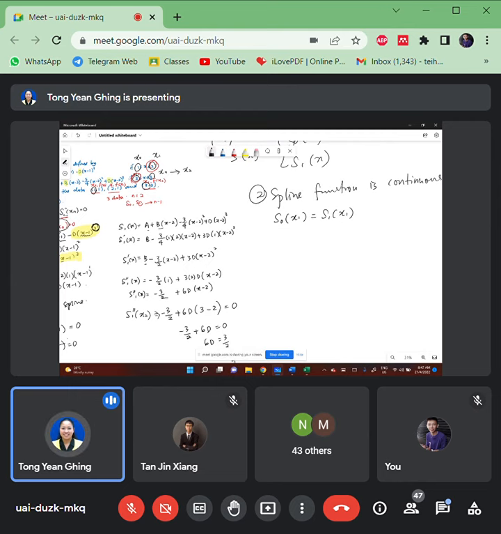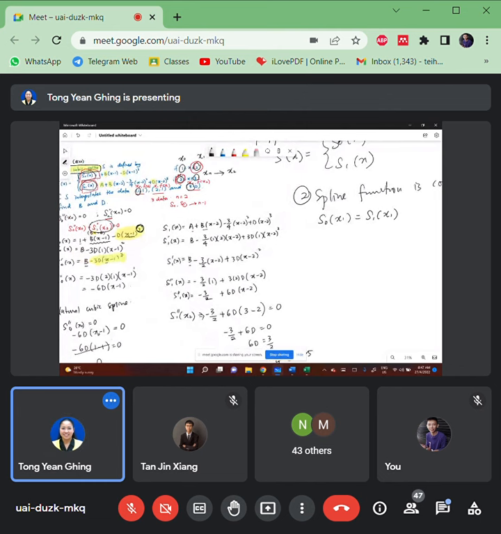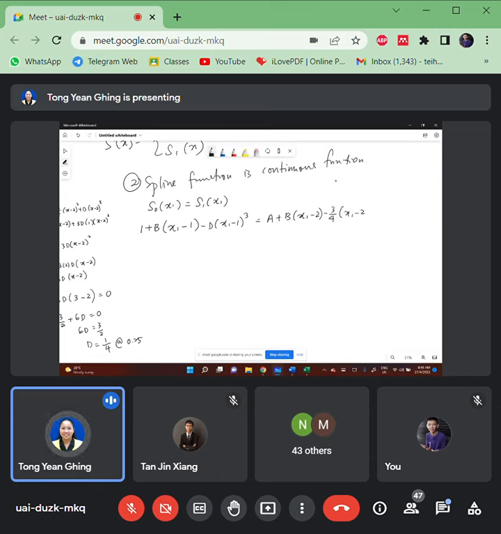Okay, so as not, punya function is apa ya? Satu aja. So 1 plus b x1 minus d x1 minus 1 power of 3 have to be equal with s1, which is a plus b x1 minus 2 minus 3 over 4 x1 minus 2 power of 2 d x1 minus 2 power of 3.